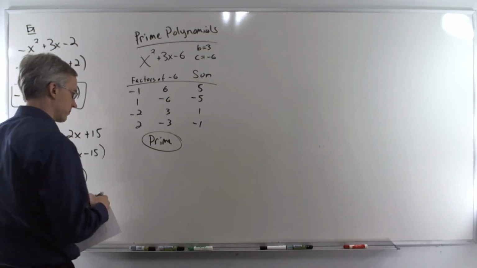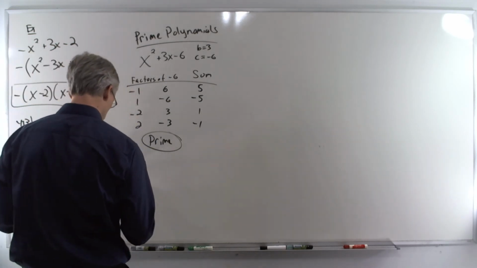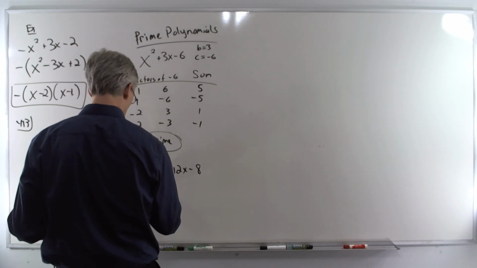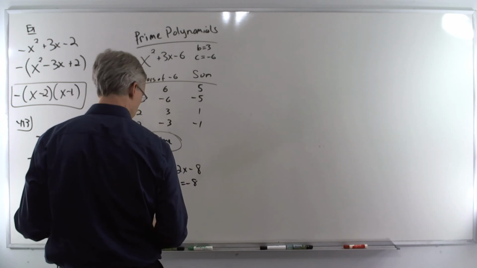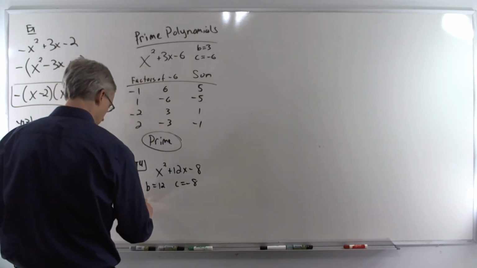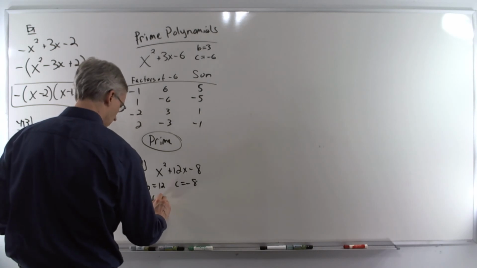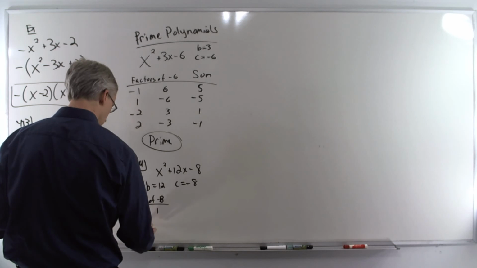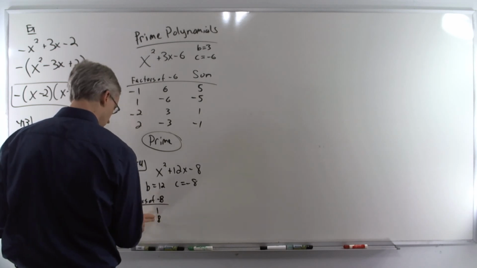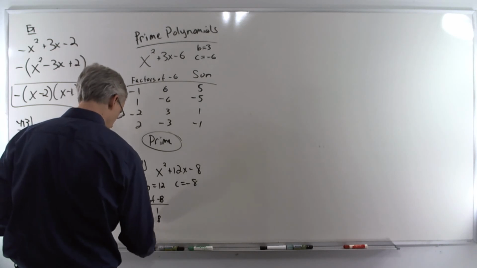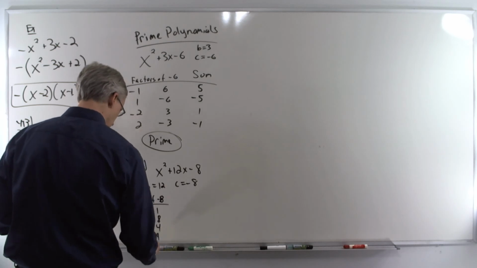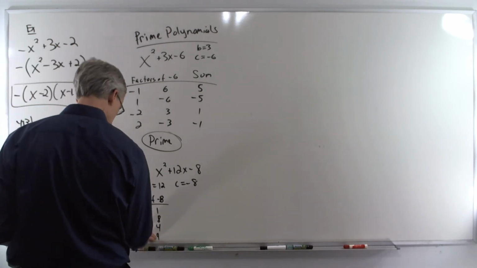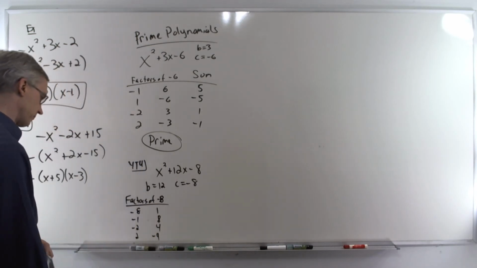Your turn, number 4. So there's all of our factors of 8: negative 8 and 1, negative 1 and 8, negative 2 and 4, and 2 and negative 4.